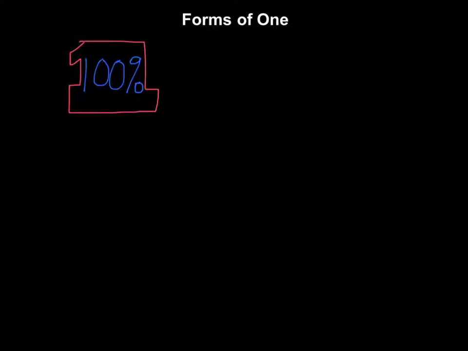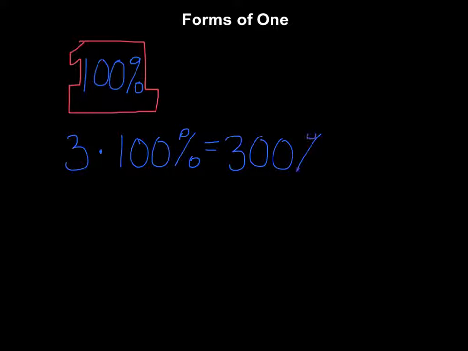So if I take a number like 3 and multiply that by 100%, well, 3 times 100 is 300, and the percent sign tags along to the answer. So 3 is the same as 300%, and we've just changed my whole number into a percentage.